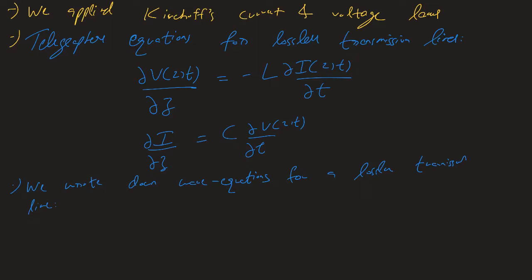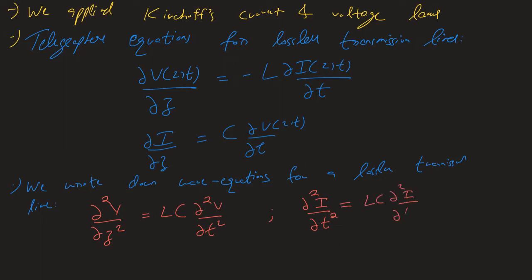The first wave equation was that del 2V by del z squared is equal to LC del 2V by del t squared. The second wave equation was that del 2I by del z squared is equal to LC del 2I by del t squared.